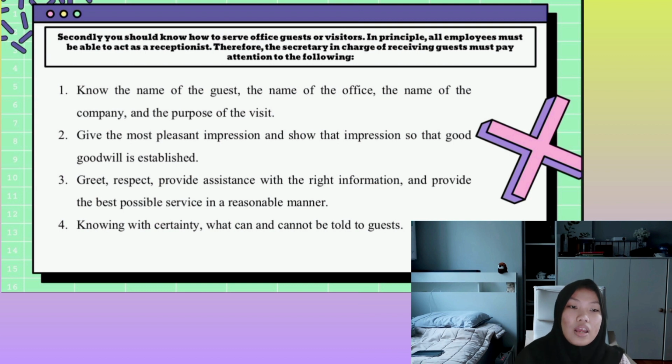Number 4, know with certainty what can and cannot be told to guests, what you can say and what you cannot say to the guest. If you feel confused about those things, you can ask your superior first.